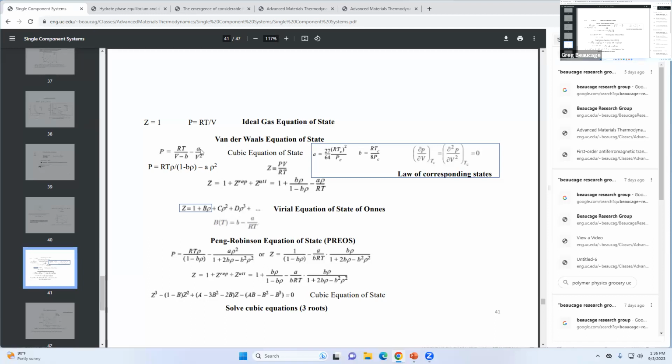So A would be energy by V squared. So A is an energy, so you divide it by RT to normalize that. So as the temperature goes up, A diminishes. In other words, as things wiggle more and more, this attractive potential becomes less important, right?